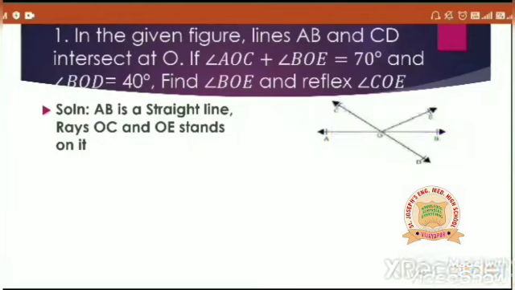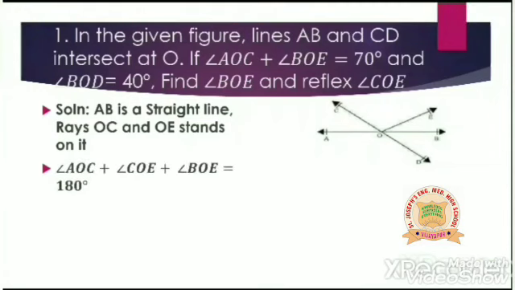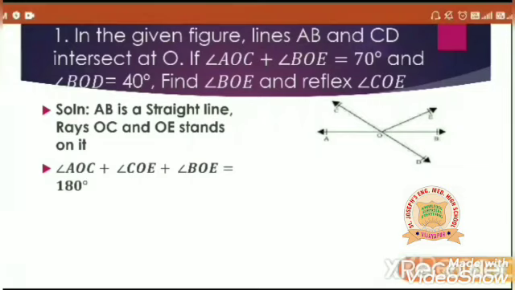We have studied that if rays are standing on a line, then the sum of the angles formed by those rays should be equal to 180 degrees, because of the linear pair of angles. That's why we are going to write angle AOC plus angle COE plus angle BOE is equal to 180 degrees.